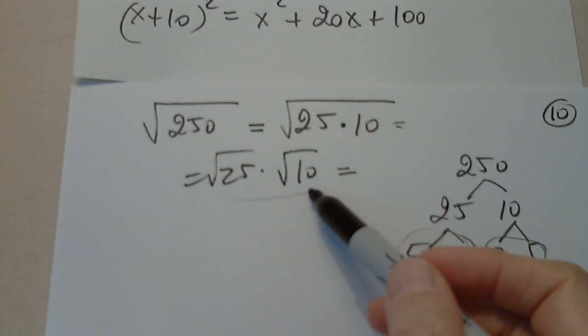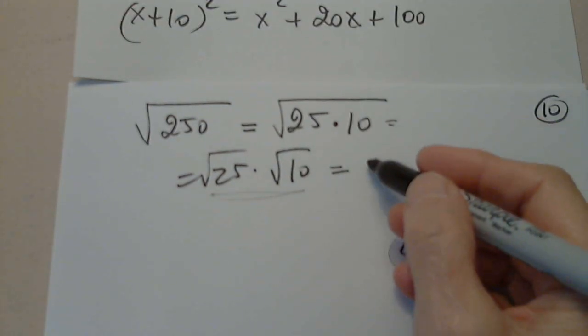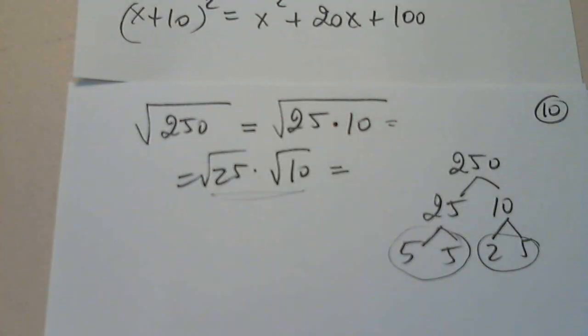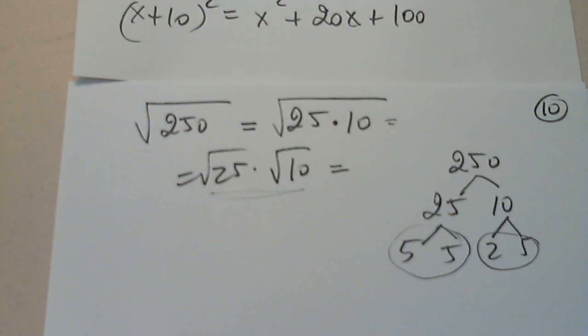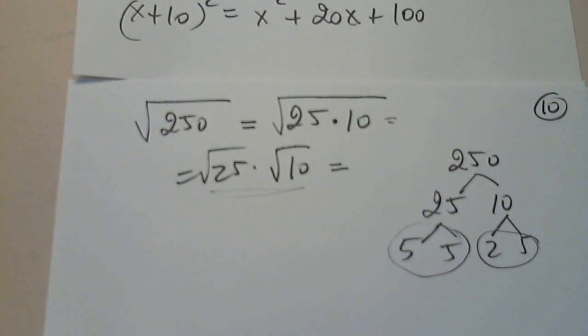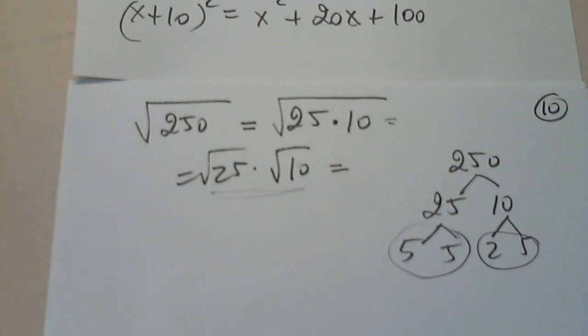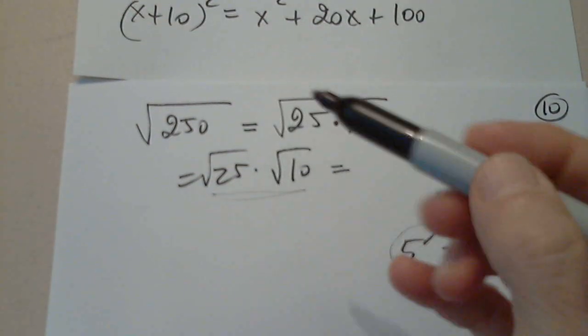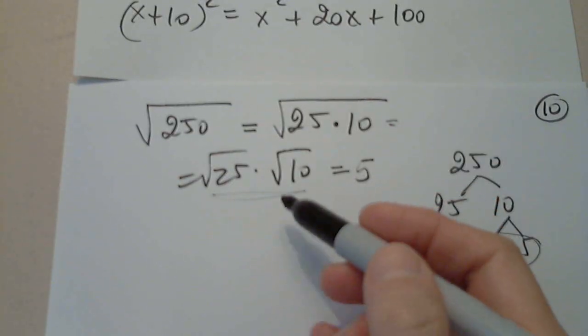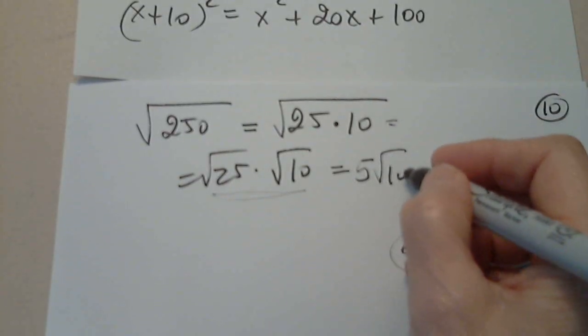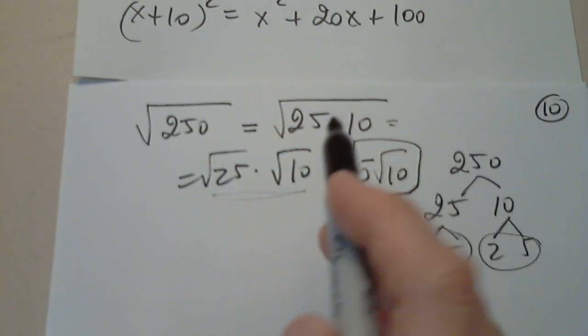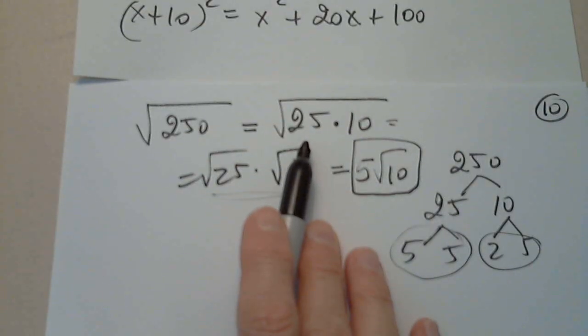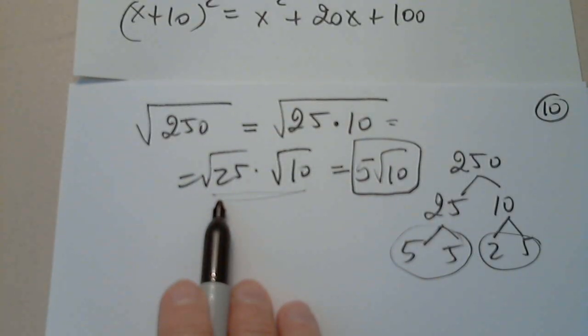So how do I write this? Please, anybody? The square root of 250: the square root of 25 is 5. That's a 5 square root, 5 square root of 10. This is it. That's why we split it, so we can simplify it.